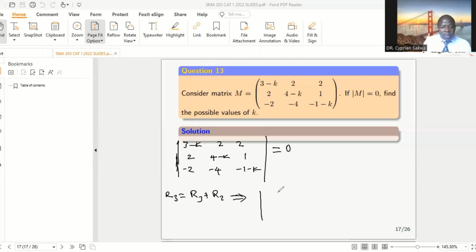Let this remain the way it is, 4 minus k, and then 1. I just want to add this to that to have negative k. Then add this to that to have negative k again.